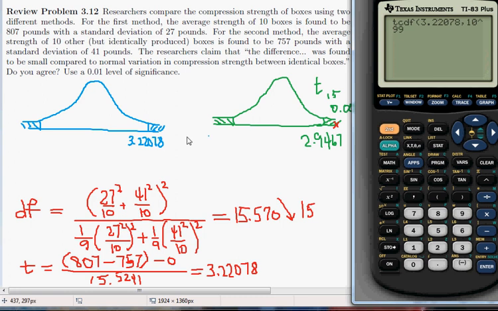So find the area between 3.22078 and 10 to the 99. And I need 15 degrees of freedom. This function works like the normal CDF function on a TI calculator. And that's going to be one tail. To get both tails, I need to multiply by 2. And so I get the p-value to be 0.005715.